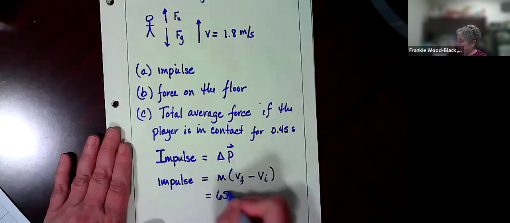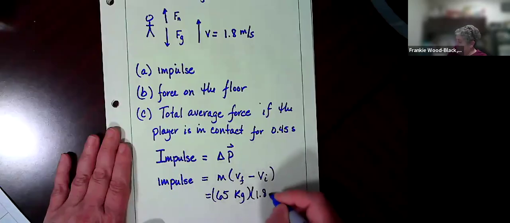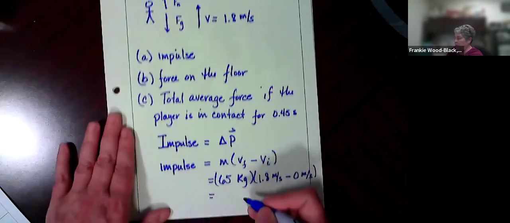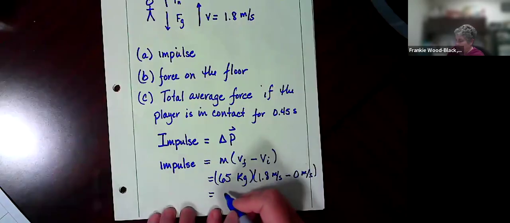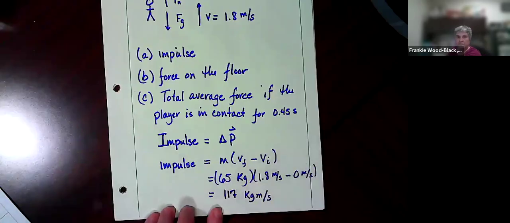Our mass is 65 kilograms, our velocity final is 1.8 meters per second, and our initial velocity is 0 meters per second. And so our impulse is going to end up being 117 kilograms meters per second.